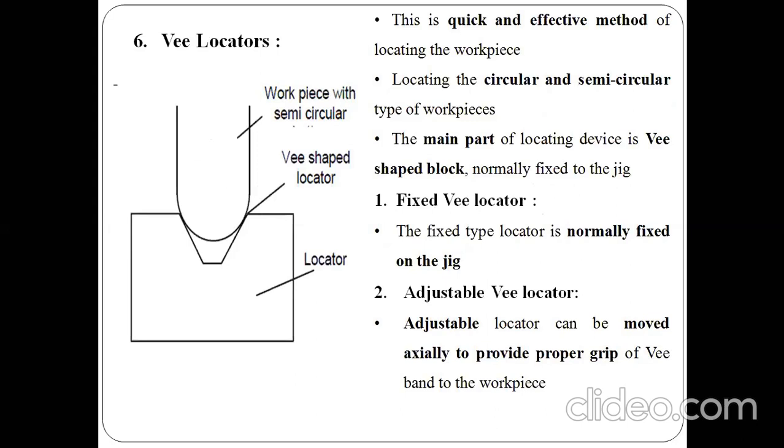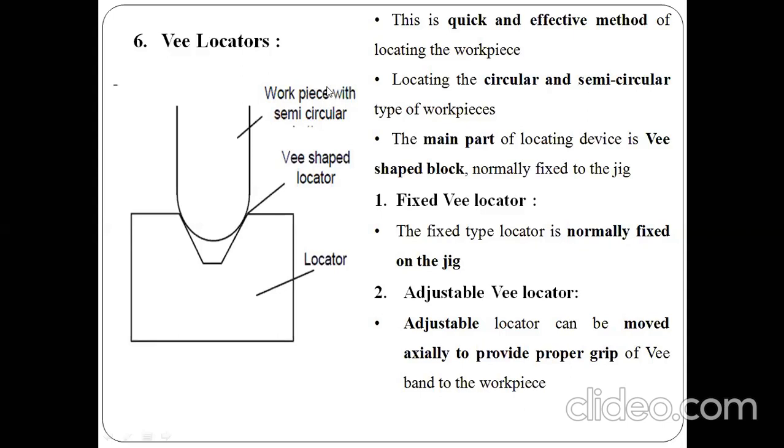It is adjustable. The V locator is divided into two types. The first is your fixed V locator, and the second is your adjustable V locator. In the case of a fixed locator, it is fixed to the jig body, and it is not possible to move the V locator to adjust the component length.